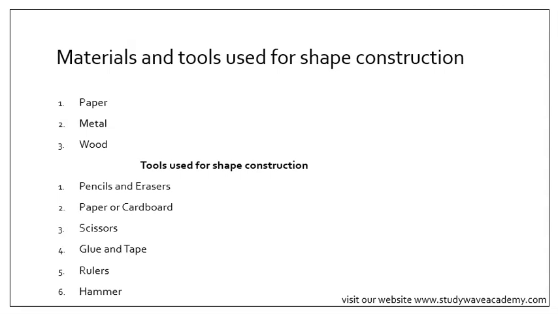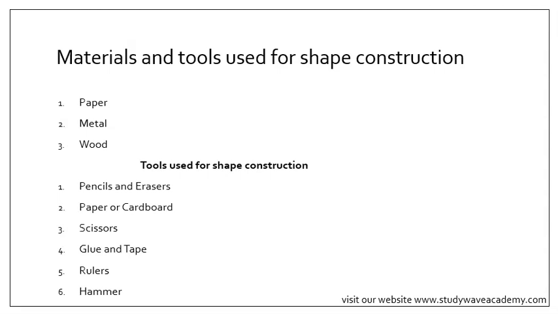You also use paper or cardboard. So you can use paper or cardboard. You use the pencil to draw on your paper or cardboard whatever shape you want to do, and when you're done, you use scissors to cut it.